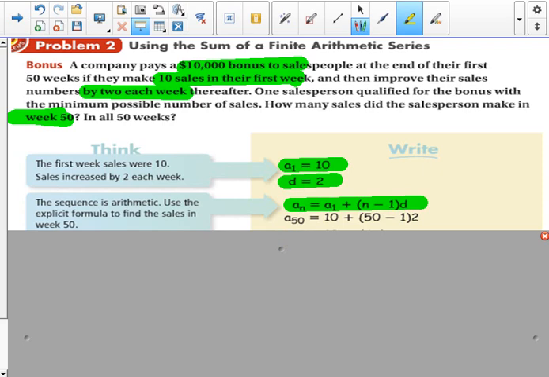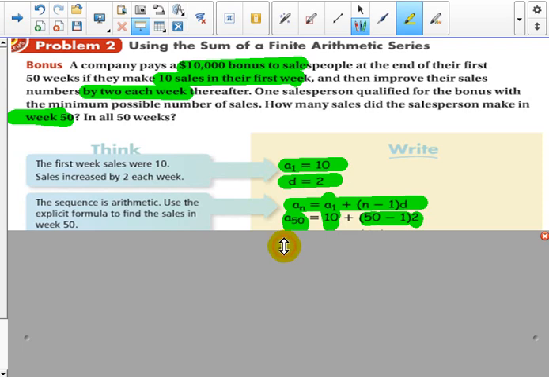So plug in the appropriate numbers. So a sub 50, the 50th element, is equal to the first term, which is 10, 10 sales the first week, plus, and we know it's going to go on for 50 weeks, right? And we want to know what is that 50th. n equals 50. So n minus 1, 50 minus 1, times the difference, which is 2.